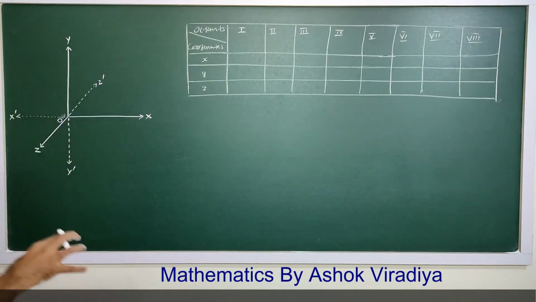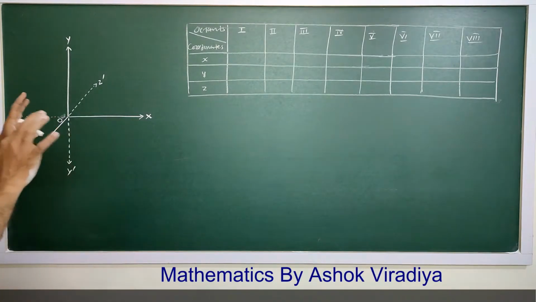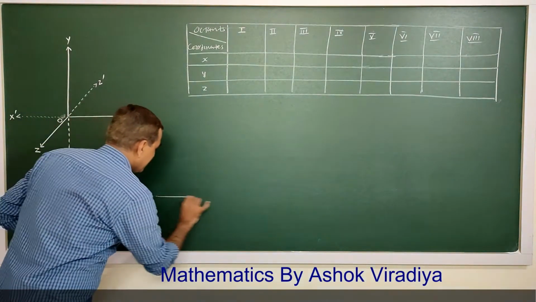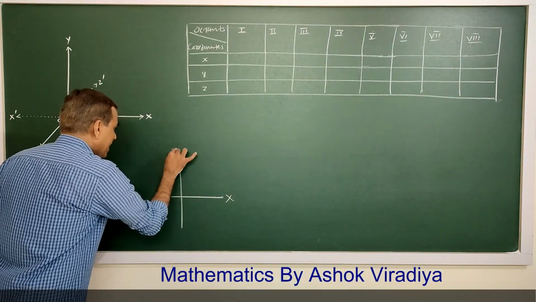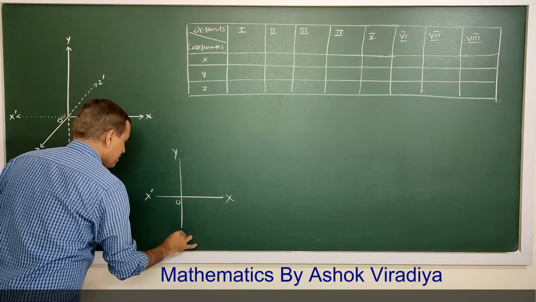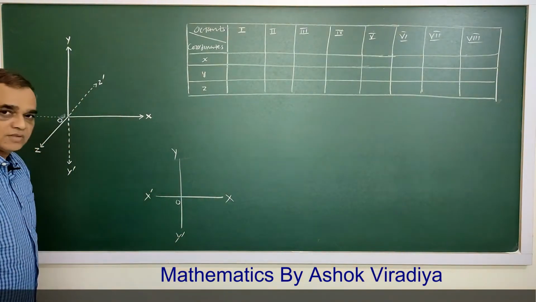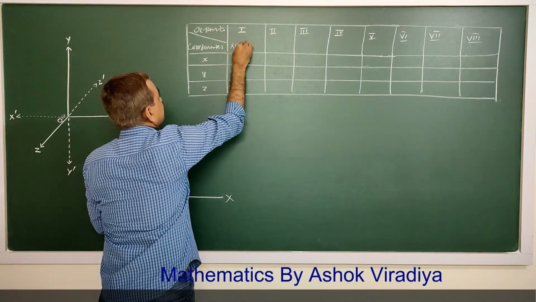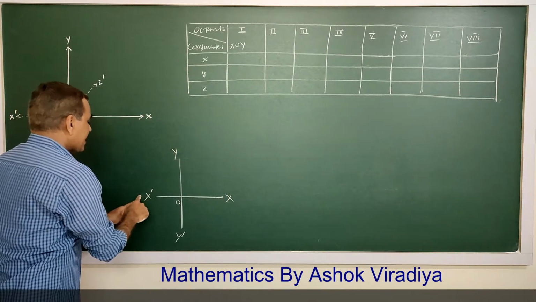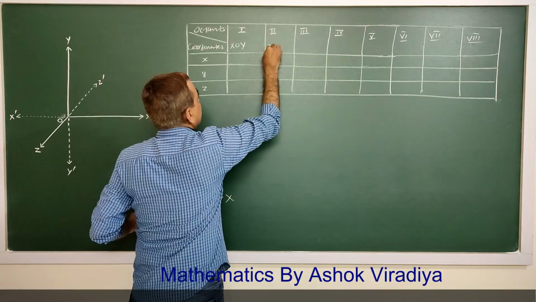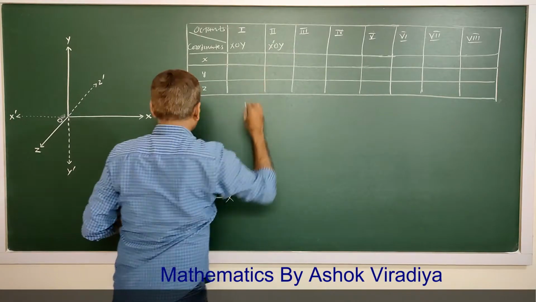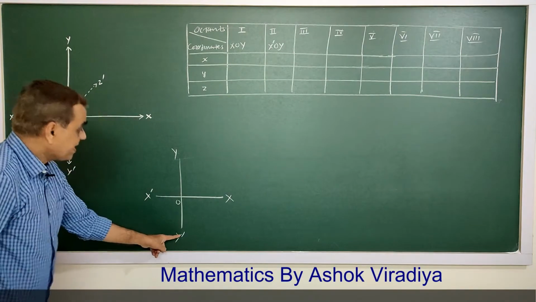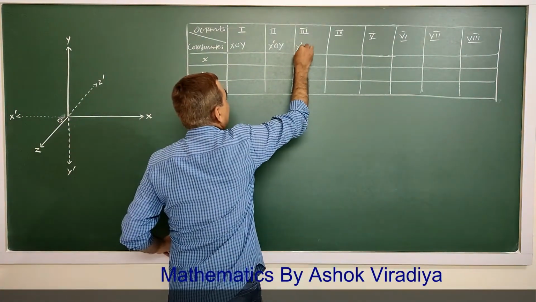So front 4 rooms. Now I am giving names to the front 4 rooms. You can remember by this way. This is x, this is y, x dash, y dash. See, first quadrant x o y. x dash o y is the second quadrant. Third quadrant is x dash o y dash.